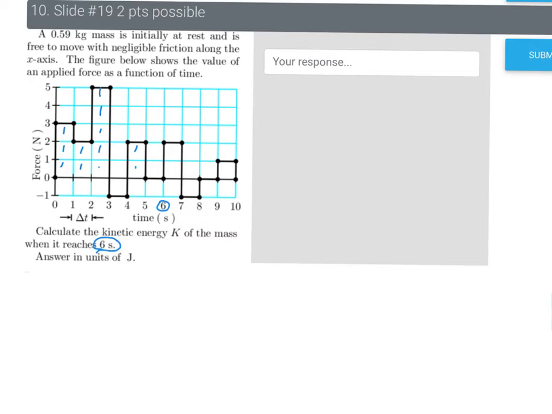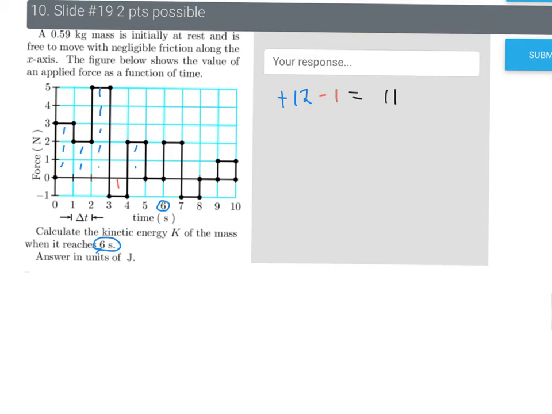So I have 12 boxes that are above, and I have one box that's below. So what that's going to come out to is positive 12, but minus 1. So the net here is equal to 11.